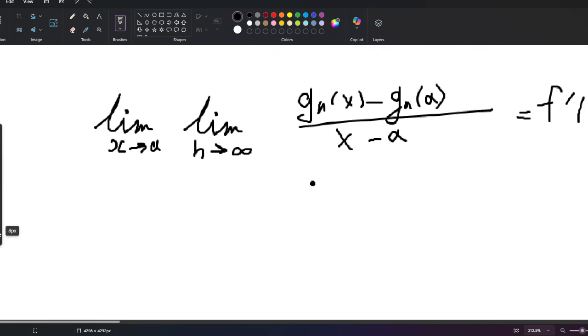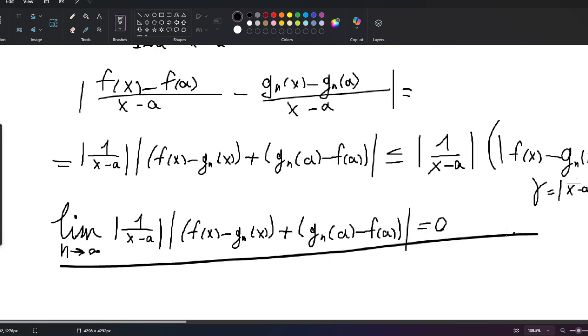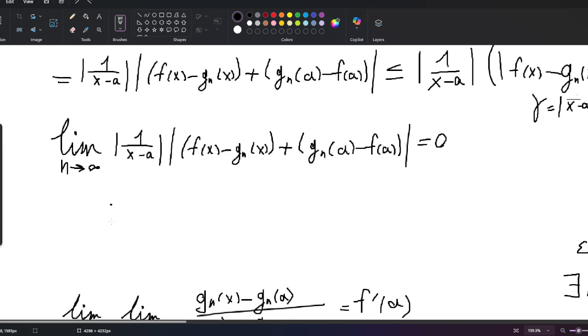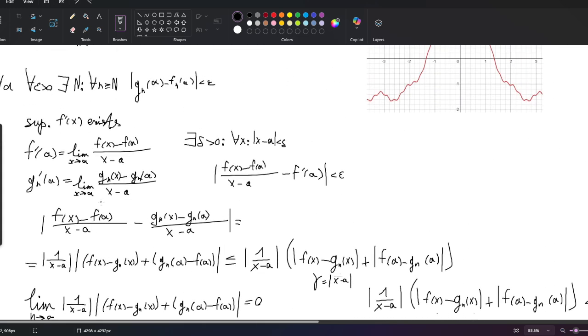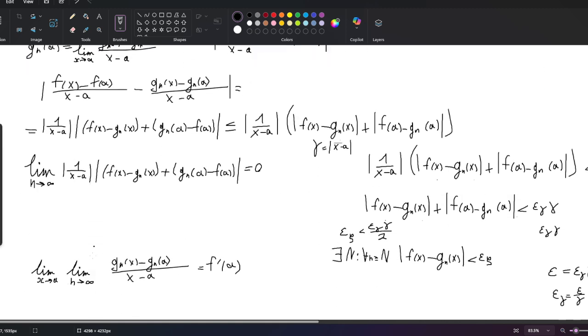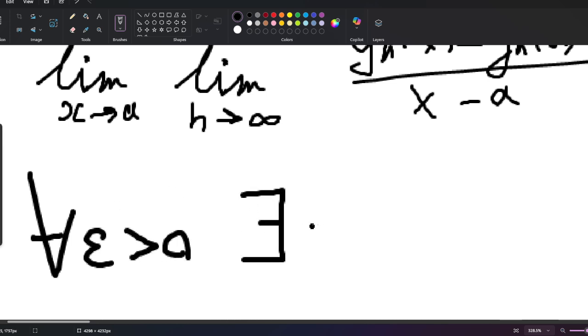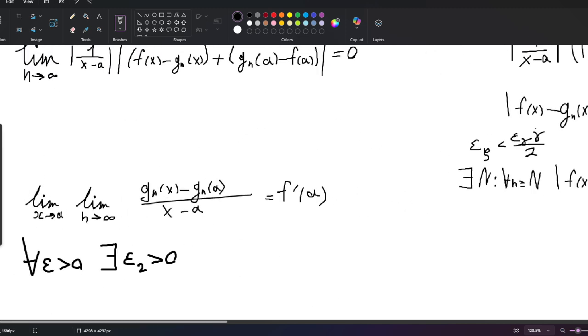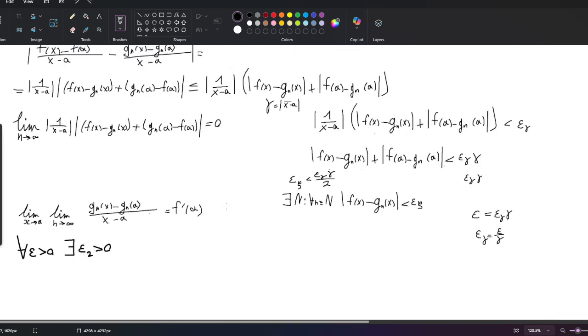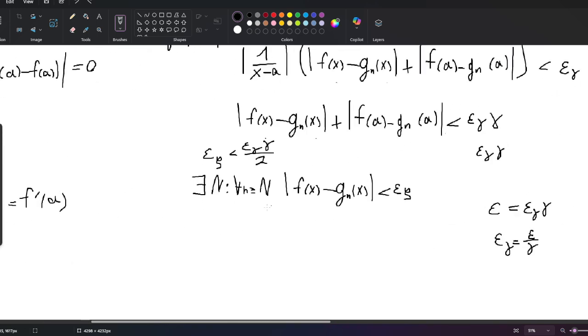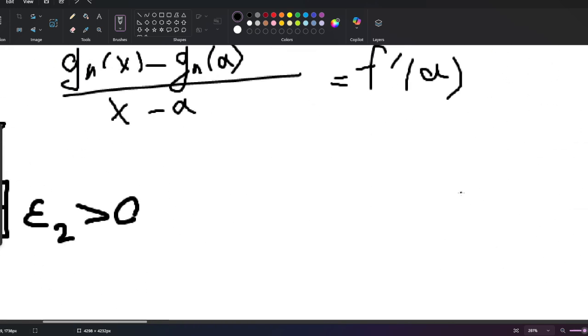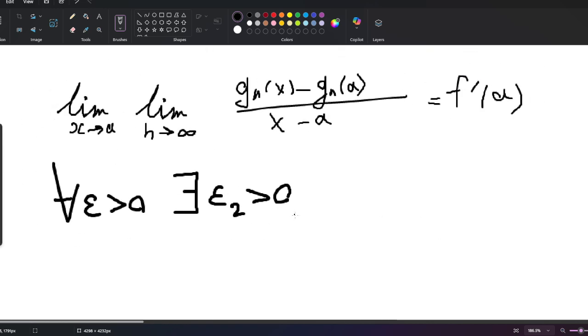It's annoying to do, but overall, as we take this limit, then for every epsilon greater than 0 for the upper limit, there exists epsilon 2 greater than 0 for the second limit, as we have already shown here. I'm not going to write it down entirely, but you can see the trace of thought over here, which is why I can sort of justify limit swapping here.